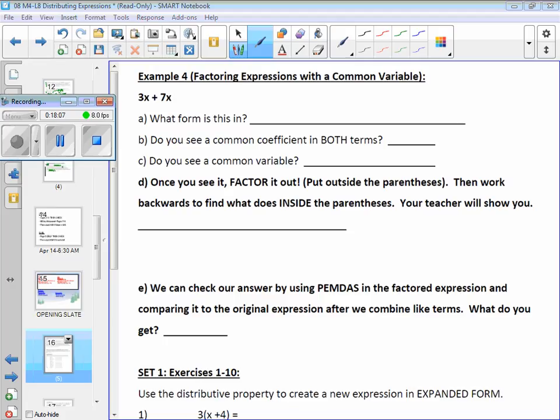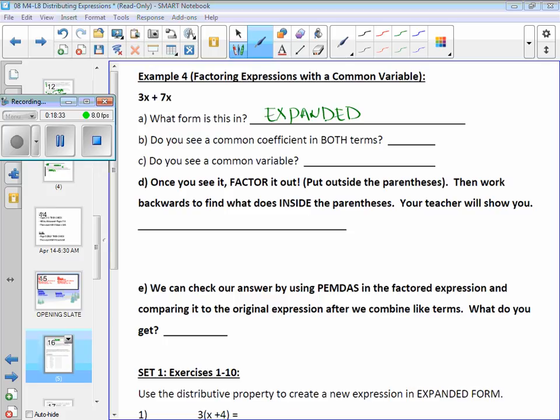Something sort of new. Take care of the basics first. 3x plus 7x. Expanded form or factored form? Correct. No parentheses, so expanded. Now, do you know what to do?